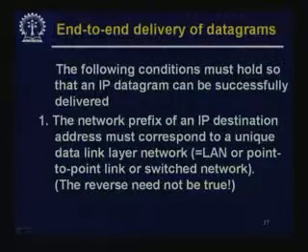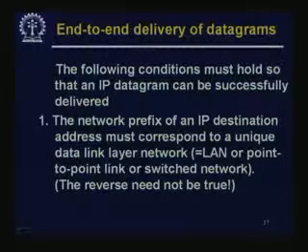No other network will have the same exact prefix, that means the same network address. So, the network addresses have to be globally unique, and when I say globally, I mean really globally, because nowadays our network spans the entire globe. This is called the network prefix of an IP destination address. This must correspond to a unique data link layer network. The reverse need not be true.